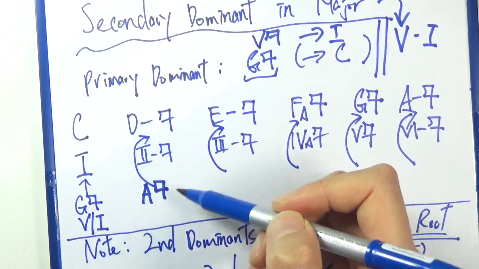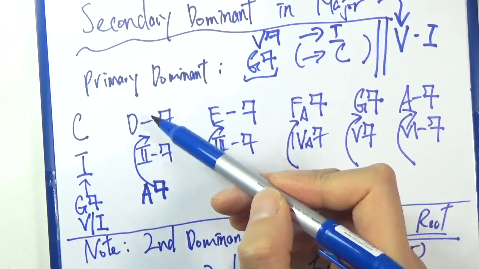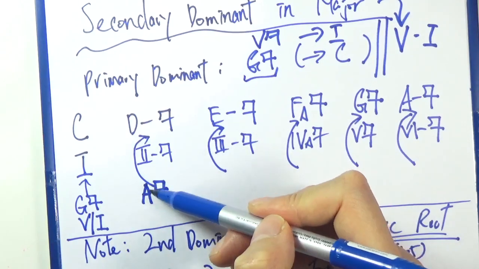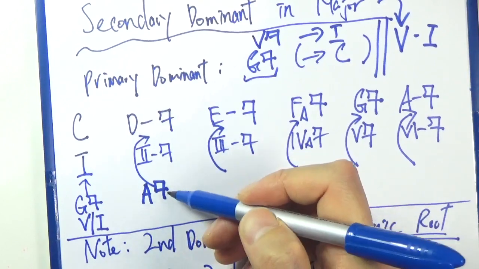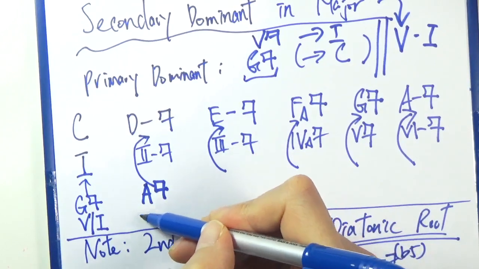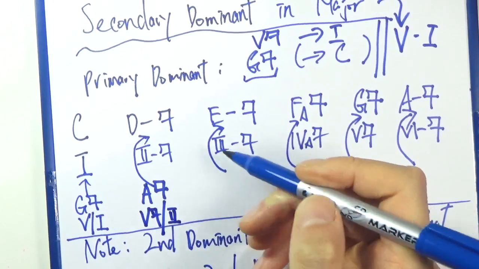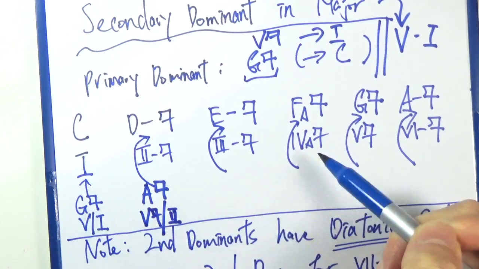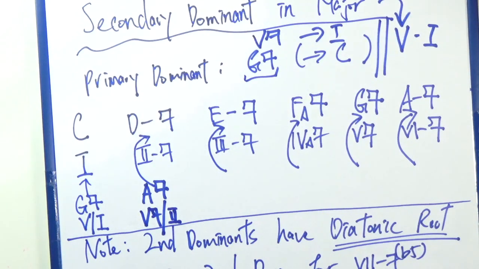A is a perfect fifth above D. Or you can do the reverse, D going up a perfect fourth: D, E, F, A, or going a perfect fifth up: A, B, C, D. So that should be a V7 of 2, because D minor is the 2 within this larger chord progression in C major. Hope it still makes sense.